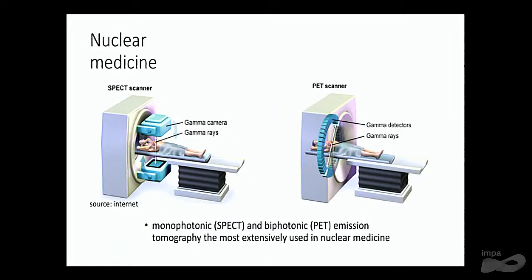These are the typical machines you use in nuclear medicine. One is a SPECT machine with 2 gamma ray cameras turning around the patient, and the other one is the PET scanner with several cameras around the patient. The main difference we will see: one is cheaper than the other one.